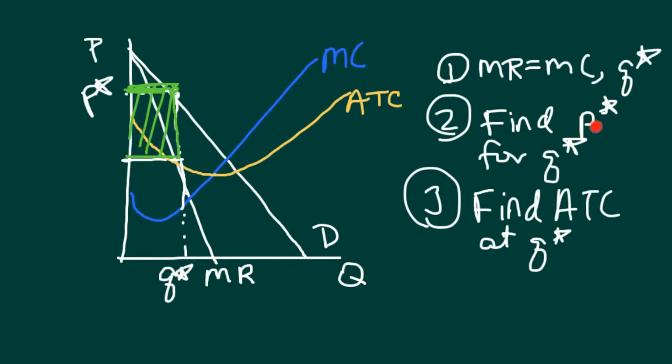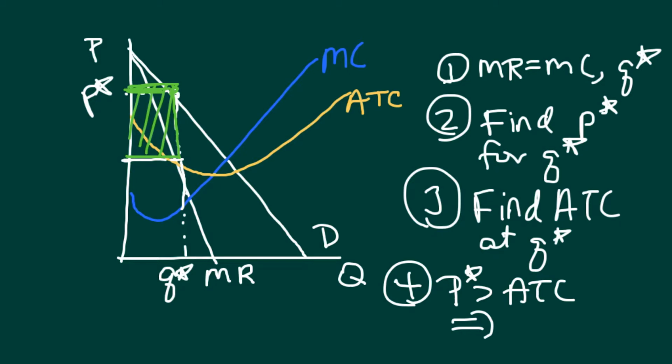Find that P star. And then you take that P star at the Q star and you compare that to the average total cost. And so the final step would be if price, the P star, is greater than average total cost, that implies profit.